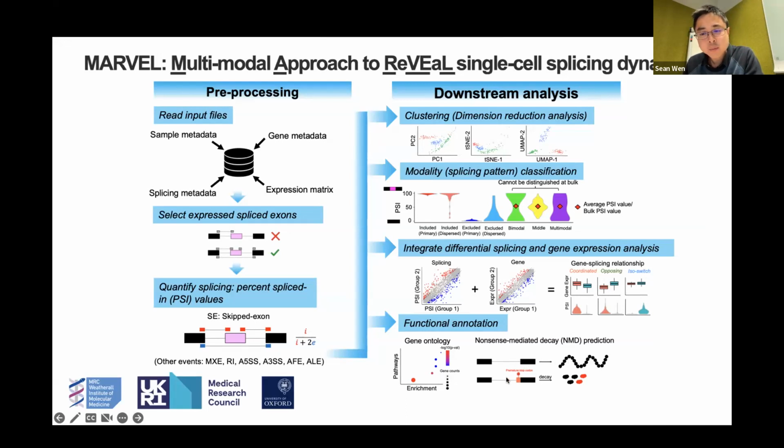But if there is abnormal alternative splicing, such as over here, where it introduces a new set of bases, sometimes that disrupts the open reading frame by introducing a premature stop codon. And what happens to this transcript is that it doesn't get translated to the full-length amino acid, but it gets decayed into smaller peptides. So this is the one slide summary of what Marvel can do.